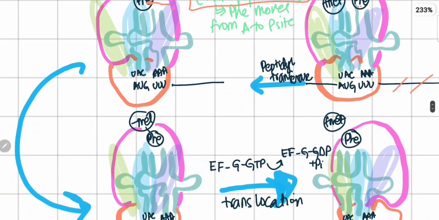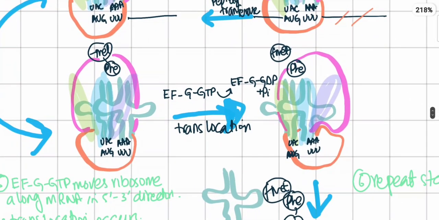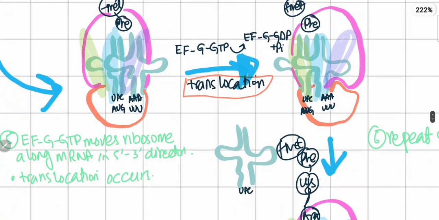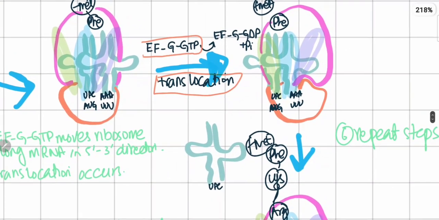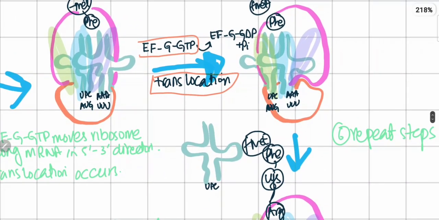Okay, cool. Now the next step is translocation. Our fifth step is translocation. In translocation, elongation factor G GTP will be hydrolyzed, and it will cause the ribosome to move. Now the ribosome will move along the mRNA, and it will move everything, the tRNA.